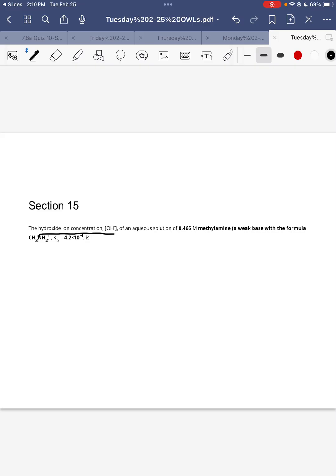So what we want to do here is go ahead and write a dissociation equation. CH3NH2, which is not an ionic solid, mixed with water, is just going to simply accept another proton, and water will have donated, leaving it as hydroxide.